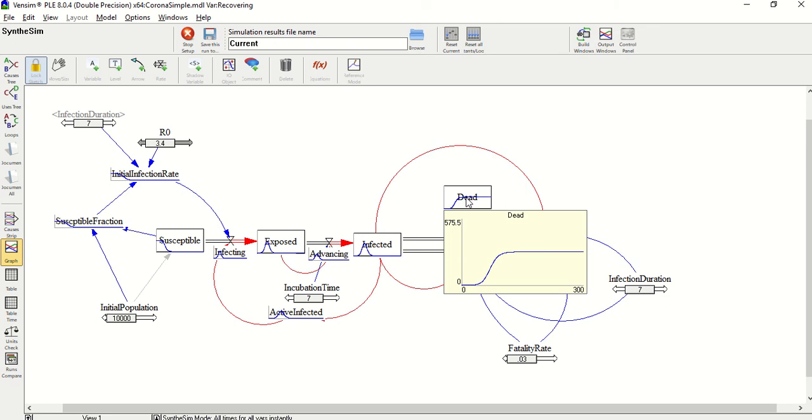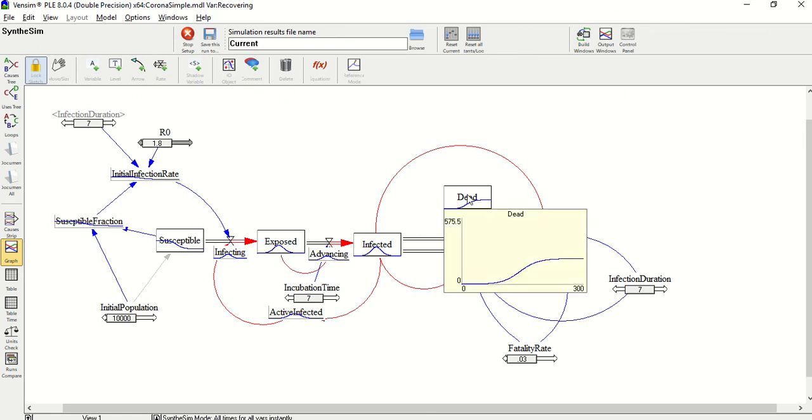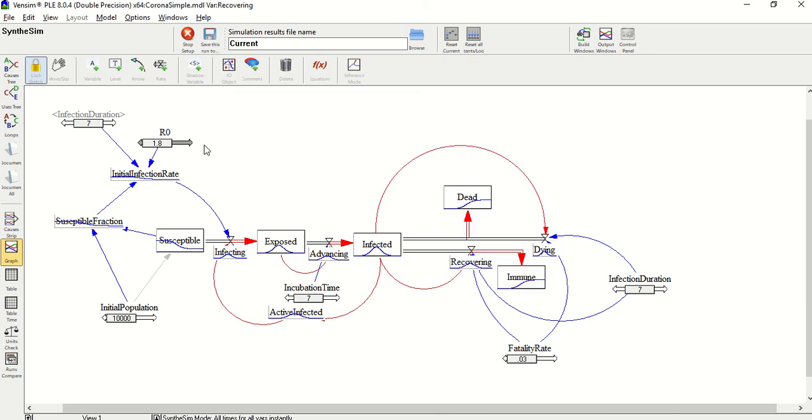All right, so the dead are at about 225 in this model, and we take it way down to, we're really effective, we make it half. The dead do come down a little while the infections come down, so maybe we do save a few lives by changing R0.